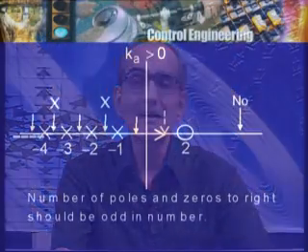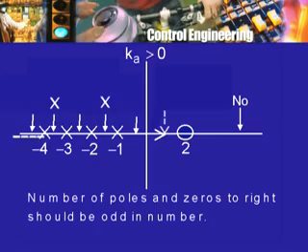There are 2 zeros, so 2 of the branches will end at the 2 zeros, and the third branch will go asymptotically away from the origin to an infinite distance. And in this case, a rule which I am going to state later on says that there will be an asymptote in the direction of the negative real axis, and so this is going to be the third branch of the root locus.